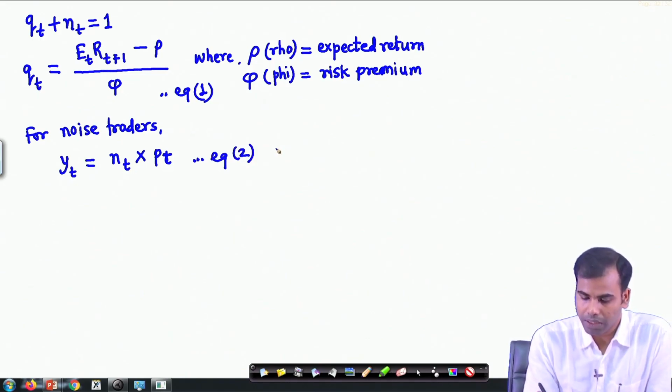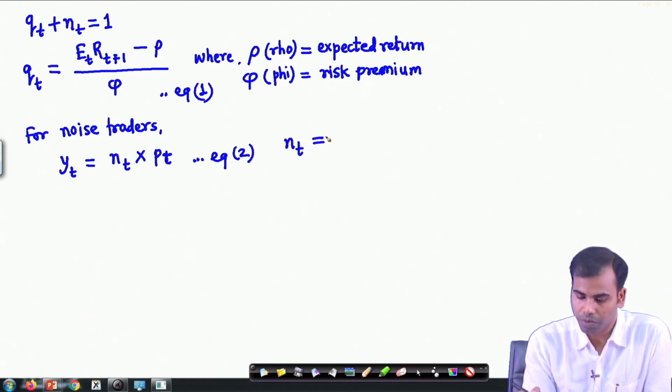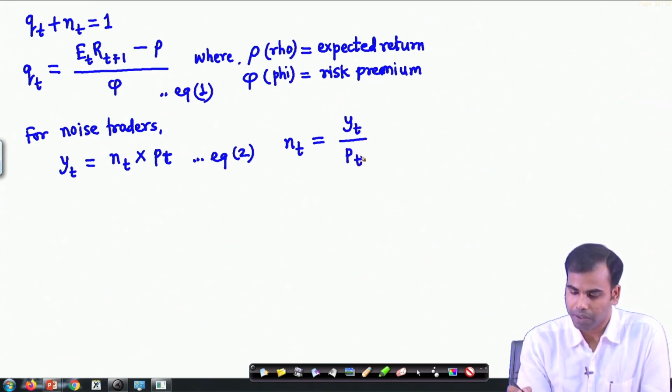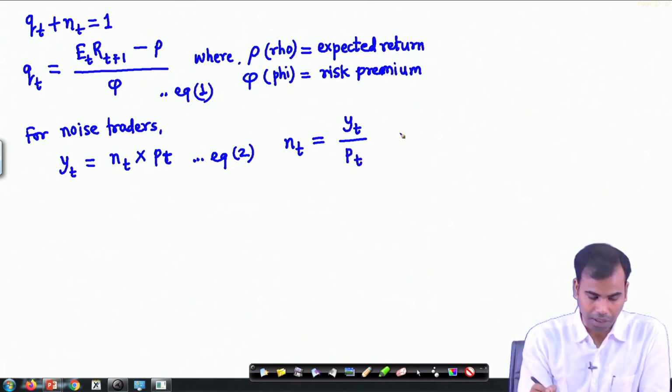If we rewrite this, the demand for stocks by noise traders could be written as the total value of the demand by the noise traders divided by the price of the stock that they are demanding.